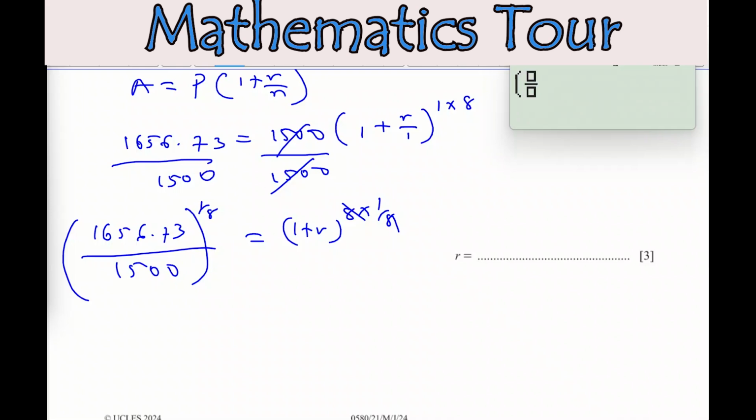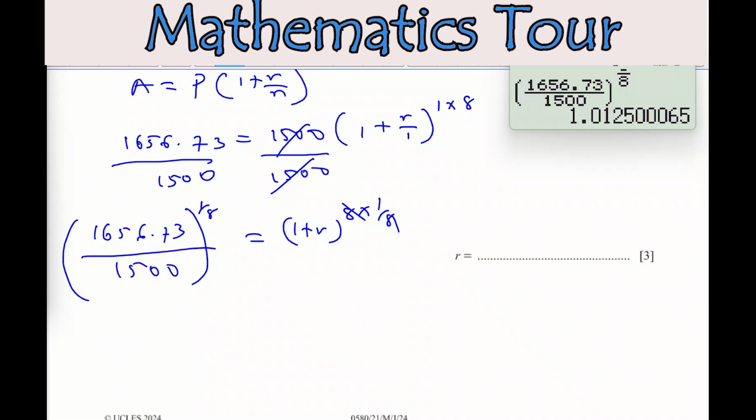So we have 1656.73, then we come down, so we have 1500. Then we close the bracket, then we need power. Then we need fraction again, that will be 1 over 8. So that's the power. If you hit enter here, you get your answer.